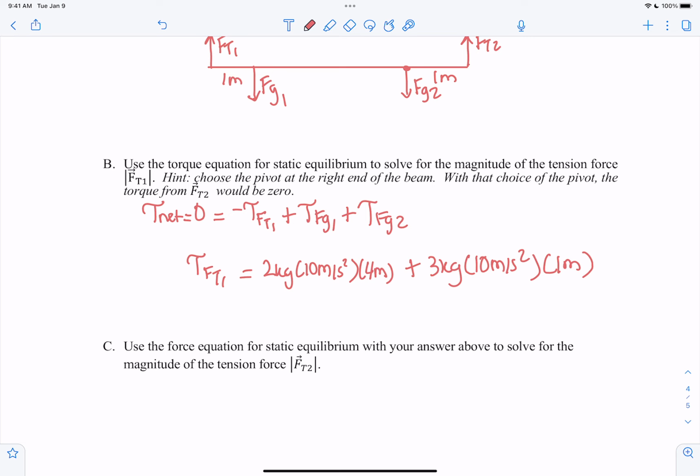So for the torque for Ft1, I got 110, I believe, Newton meters.